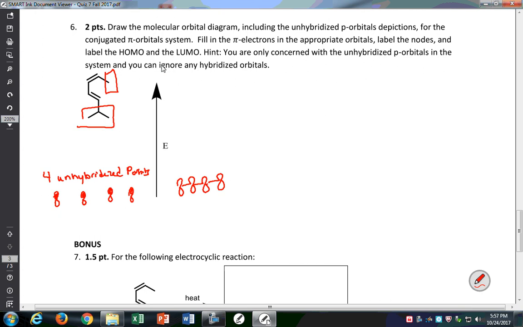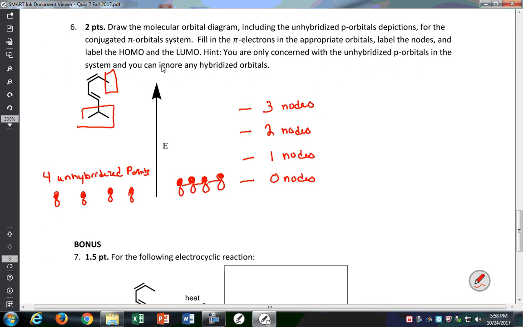Our lowest energy one is going to be completely bonding with 0 nodes. Our lowest energy always has 0 nodes. As we go up in energy, we increase the nodes. And we never have degenerates, so we always have different energy levels with these. So our lowest energy one and our highest energy one are the easiest to draw. For the lowest energy one, we have no nodes, meaning red, red, red, red up.